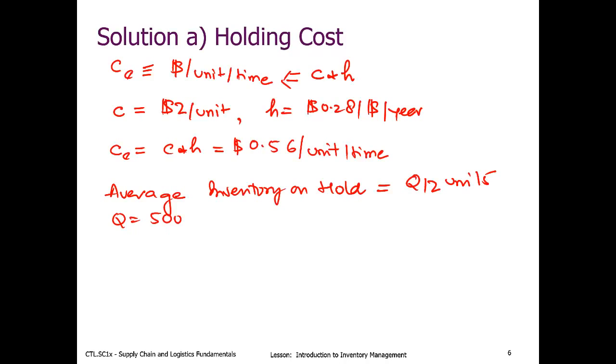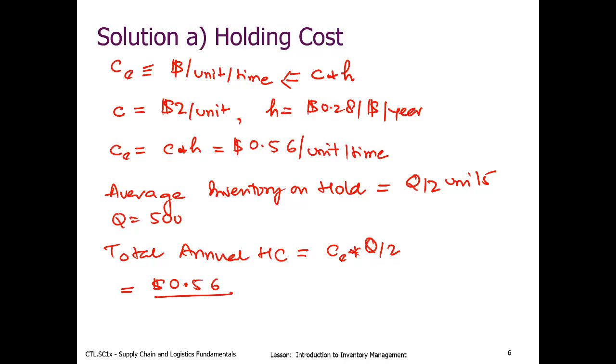Yes, should be straightforward. So let's calculate the total annual holding cost, which now becomes CE times inventory on hold, which is, you have your $0.56 per unit time times your average inventory, which is 250 units, and this gives us $140 per year.